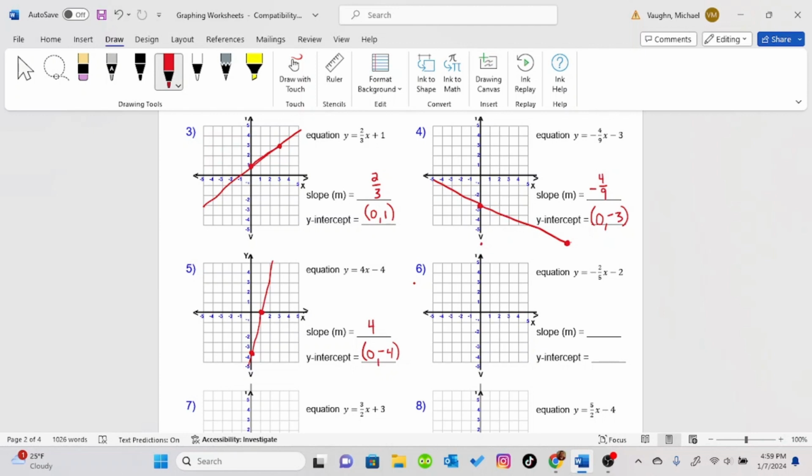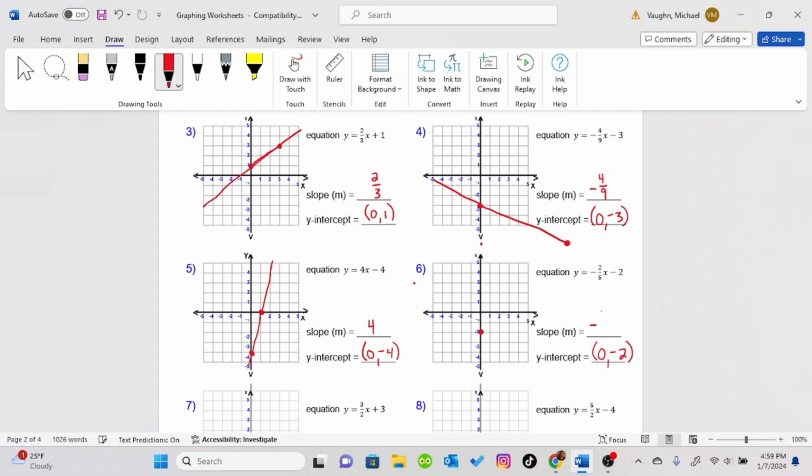Number 6. The number by itself is -2. So the y-intercept is 0, -2. And that's where we put our point on the graph. The number in front of x is -2/5.